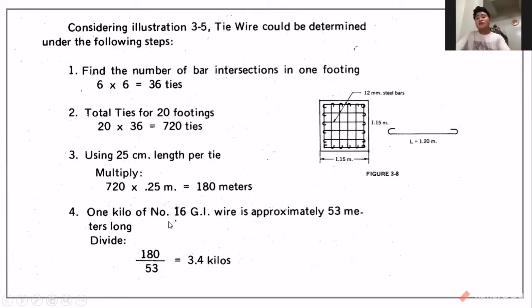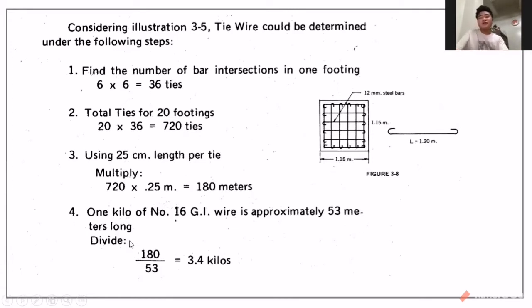So 1 kilo of a number 16 GI wire, I'm not really particular about the price of the wire, but here it was approximated that it is 53 meters long. Not the price, but the 1 kilo of wire is approximately 53 meters.